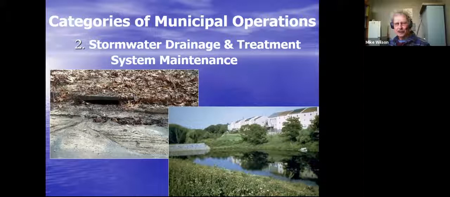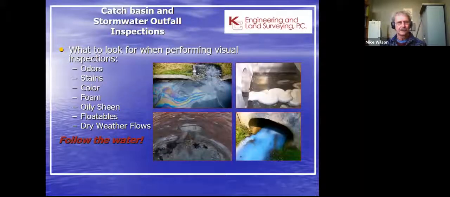Your next required category is stormwater drainage and treatment maintenance. When you're inspecting your catch basins and your stormwater outfall, there's certain things you want to look for in terms of non-point visual pollution.